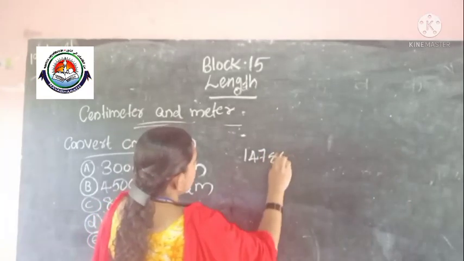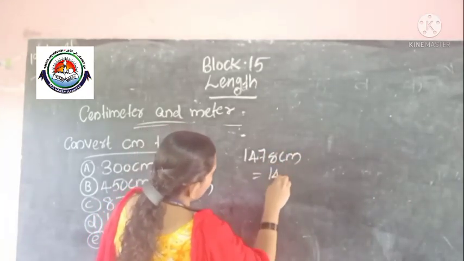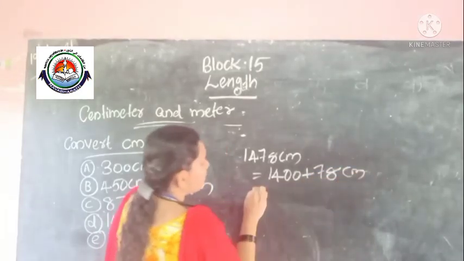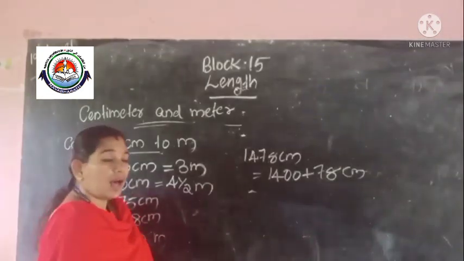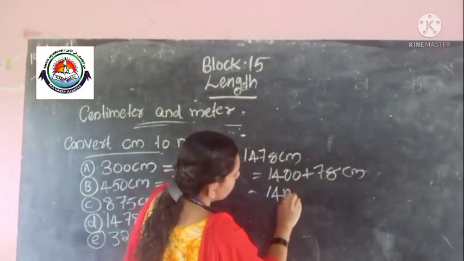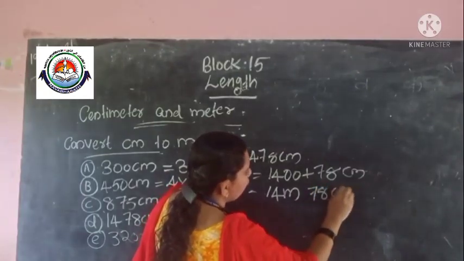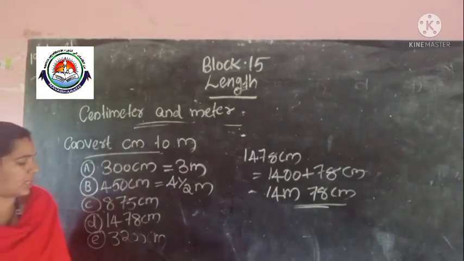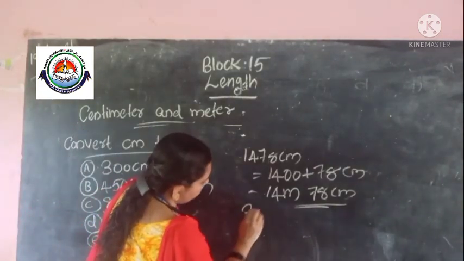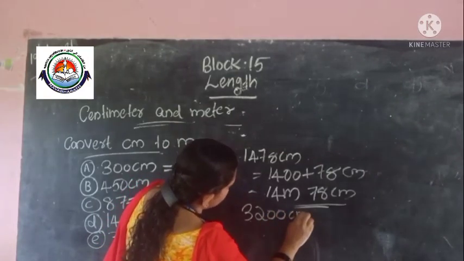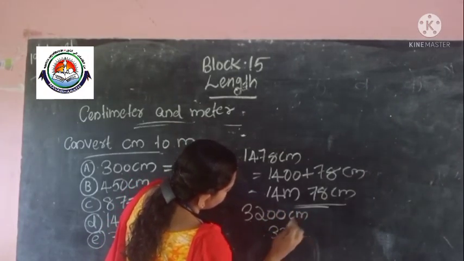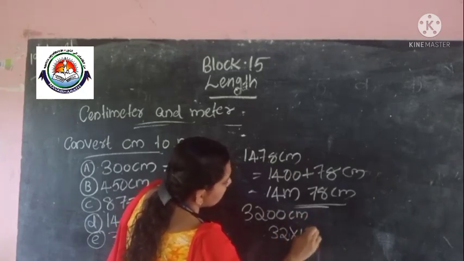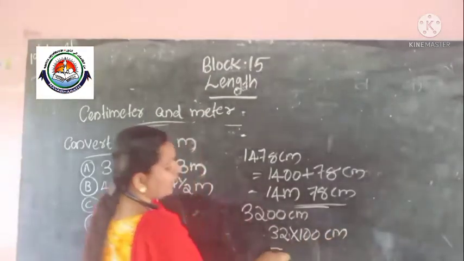1478 centimeter we can write 1400 plus 78. 1400 means it's 14 meter and 78 centimeter. That's enough. 14 meter and 78 centimeter. Next question, 3200. 3200 centimeter we can write 32 into 100 centimeter.